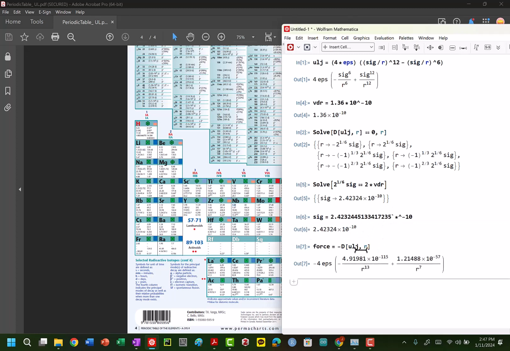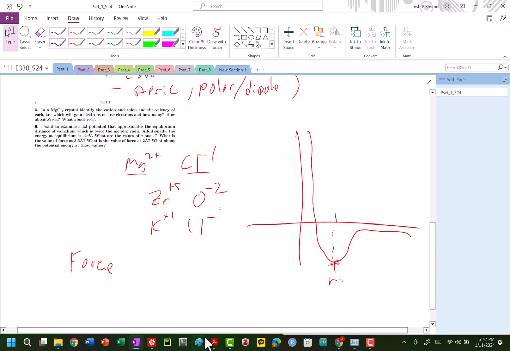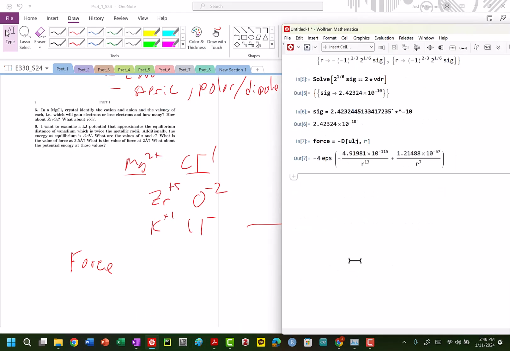We can now look at our force. Now our only unknown is epsilon, but we're given additional information in this problem. This is a fun problem. The energy at equilibrium is minus 2 electron volts.